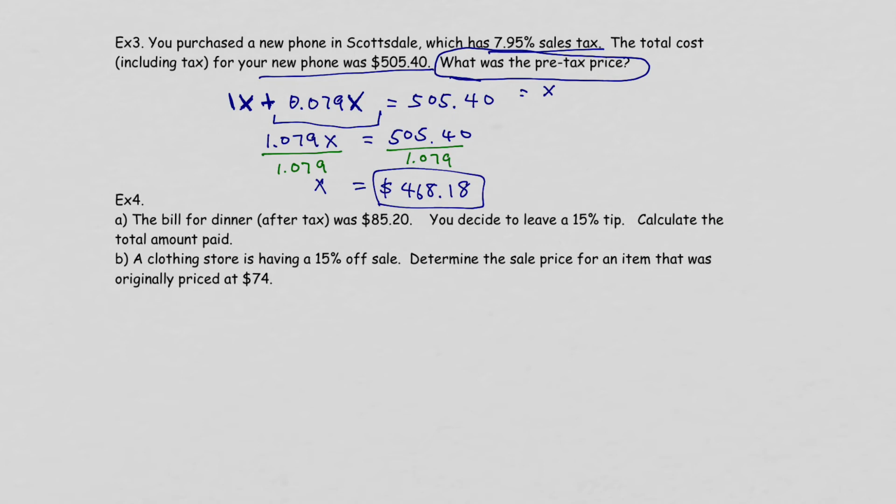Example 4a, we wanted to calculate the total amount that you need to pay if you wanted to leave a 15% tip, right? And this is the price it came out to after tax. So what you need to do is figure out 15% of 85.20.